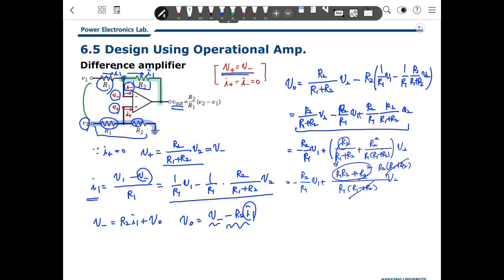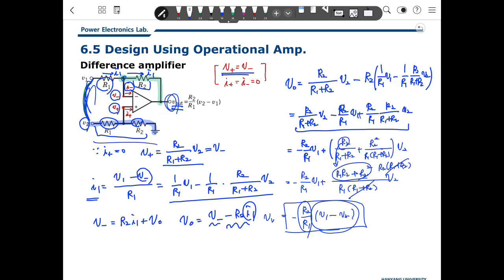So here, therefore, minus R2 over R1 times V1 minus V2. This is V out. So its value is proportional to the voltage difference between two inputs here, using the gain of R1 and R2. So we call this circuit a difference amplifier.